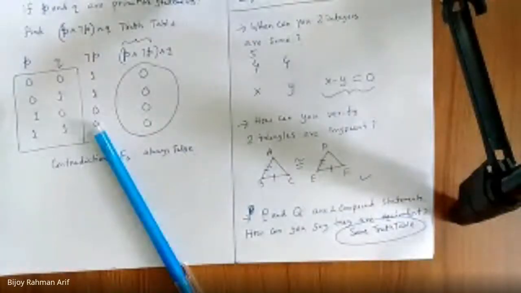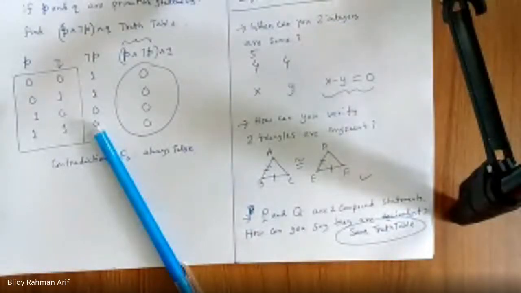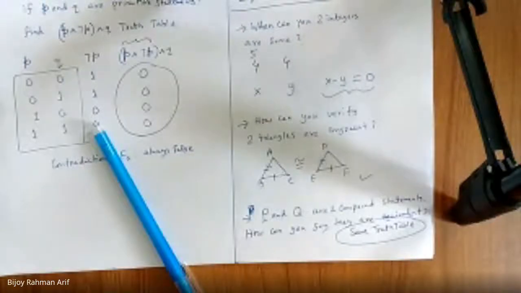How can you say two compound statements P and Q are equivalent? How can you prove that? If the truth table is the same, they have the same values. If both compound statements' truth tables are the same, that means for the same input they are producing the same output, then only are they actually equivalent. Am I right or not?